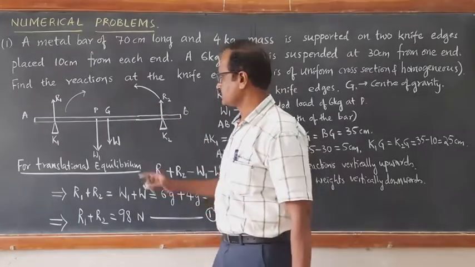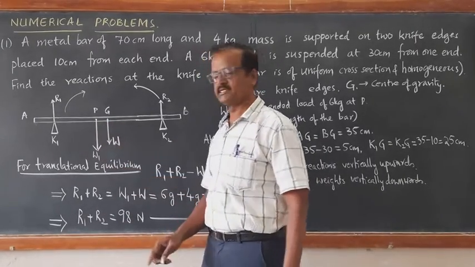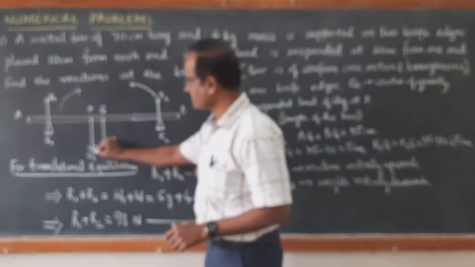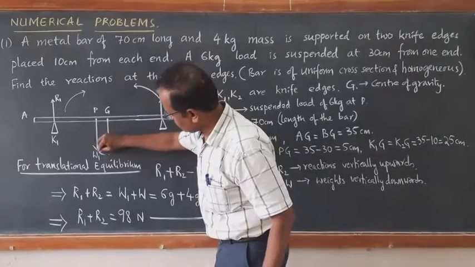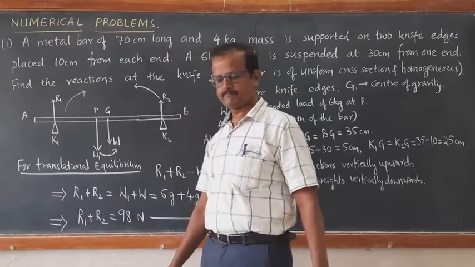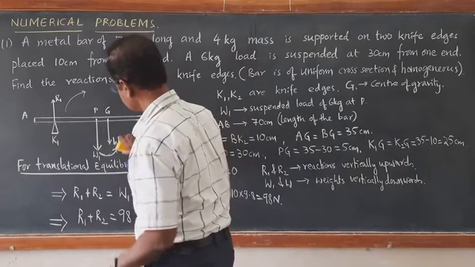In addition to this, there is one more weight, that is the 6 kg weight, W1. W1 is also tending to rotate in the anti-clockwise sense about this center of gravity.